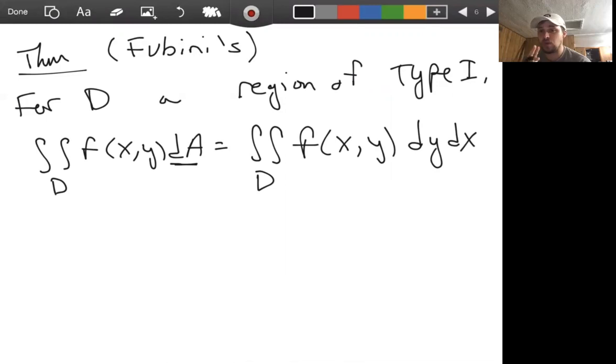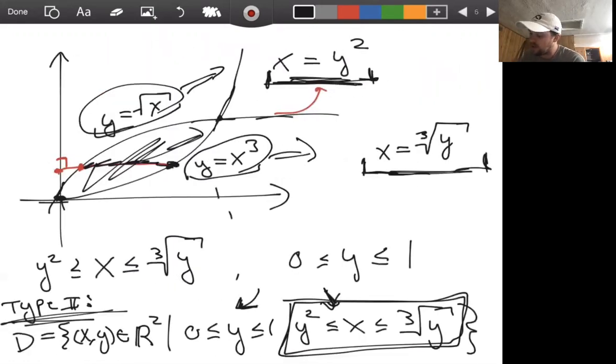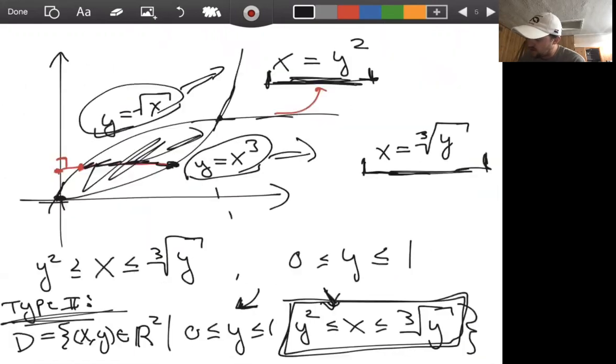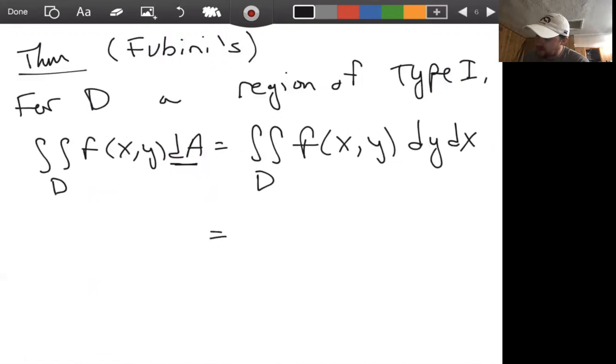Fubini's theorem tells us we can flip, interchangeably, but when we have functions in the bounds, there's a lot more work that comes with flipping the integral. You can flip the integral for a general region, but you have to rewrite the bounds just like we did here, when we wrote them from y bounds to x bounds. And so what Fubini's theorem says here is this is the iterated integral.